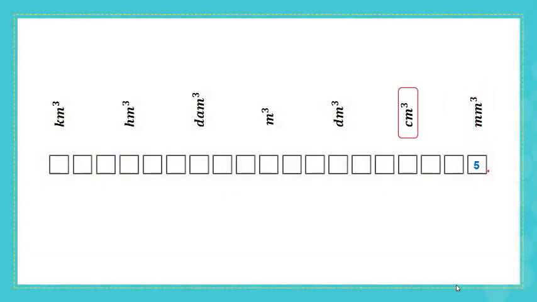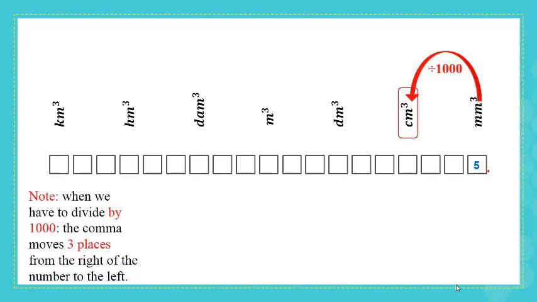Inversely, if you want to convert from millimeter cube, the smallest unit, to centimeter cube, the biggest unit, we have one jump, so we divide by 1000. When we have to divide by 1000, the comma moves 3 places from the right of the number to the left, like this.